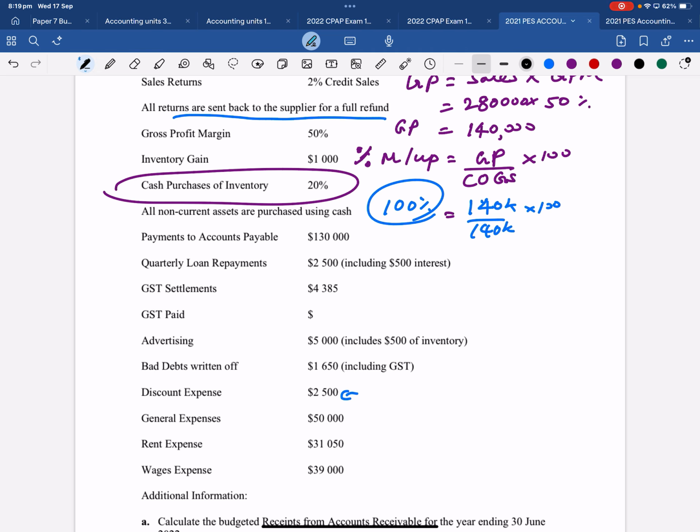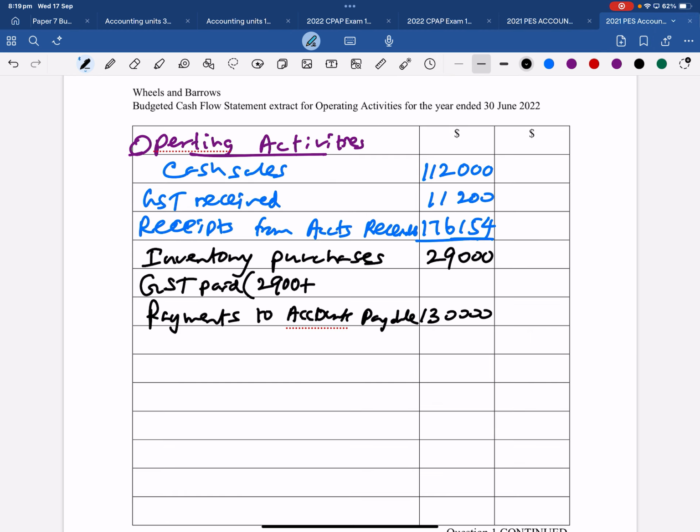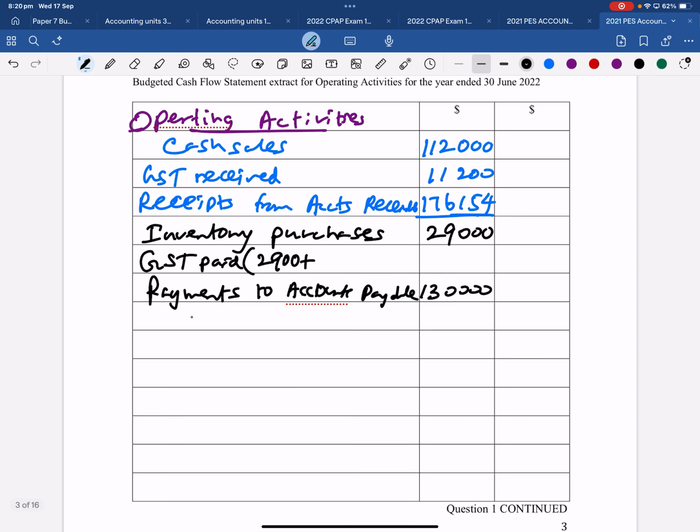Quarterly loan prepayment, 500 interest. Do we record the 2,500? No. Why? Because that is financing, so we don't record it because they're asking only operating. Okay, so interest is going to be 500.